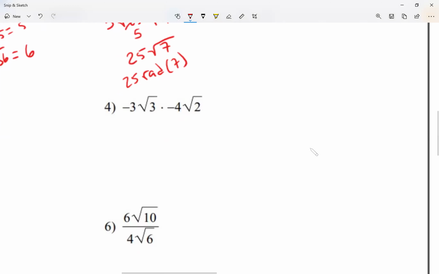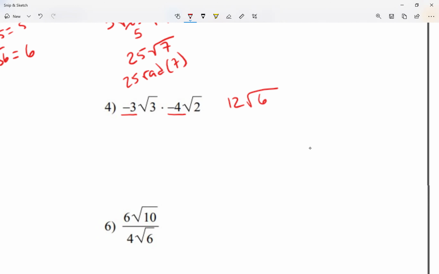Let's take a look at question number 4. Let me start by multiplying the whole numbers. -3 times -4, that's +12. Now let me multiply my radicals. Radical 3 times radical 2. That's radical 6.